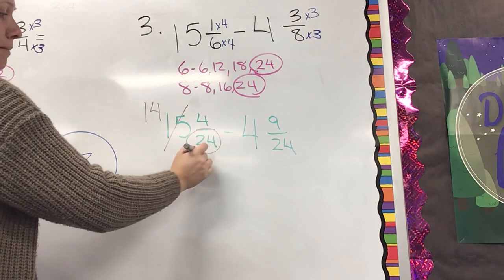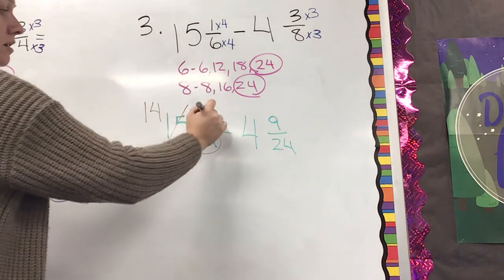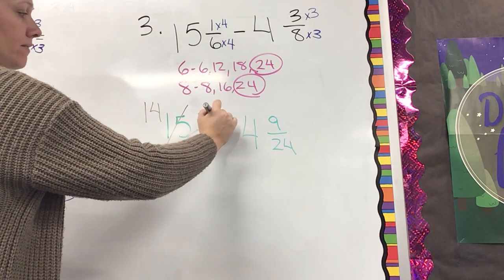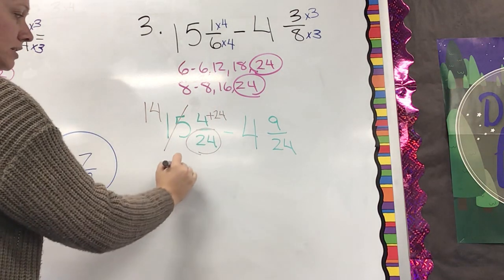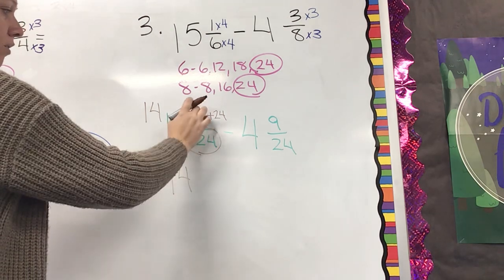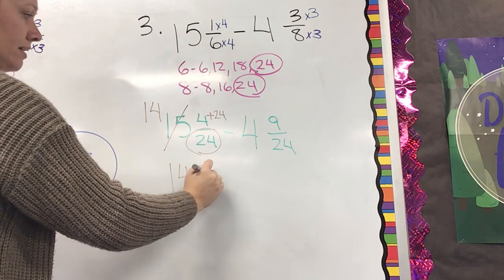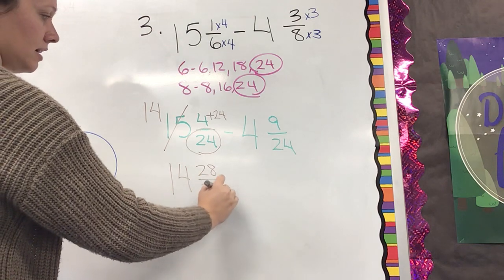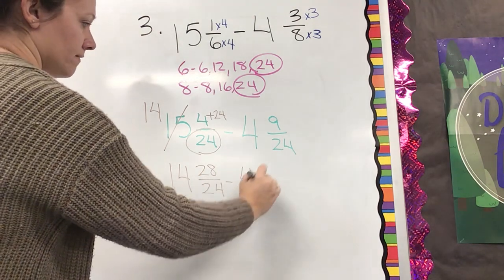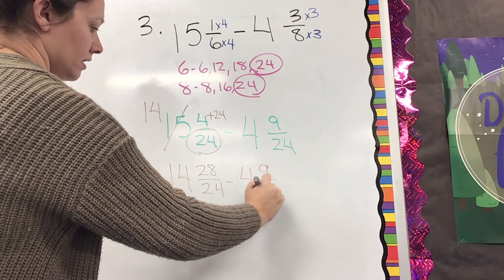This number. I'm borrowing 24 parts. So I get to add 24 here. So let's rewrite what I have. 14. 4 plus 24 is 28. Your denominator is staying the same. Minus 4 and 9/24.